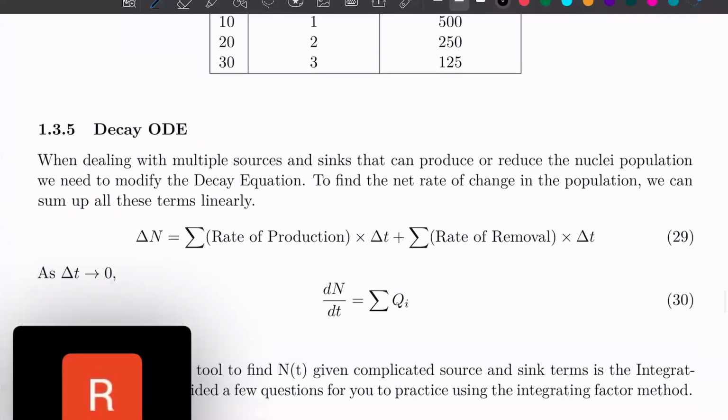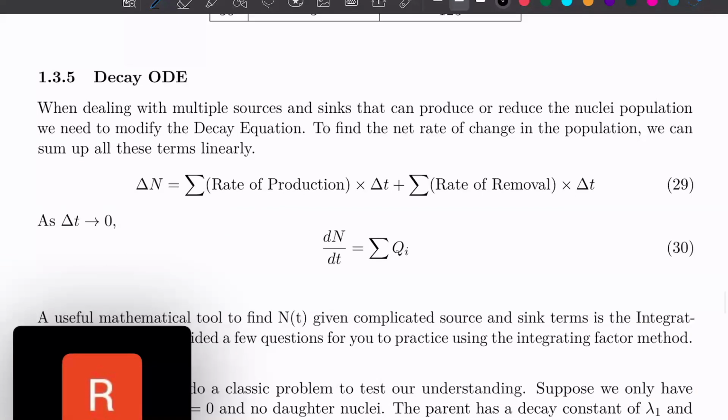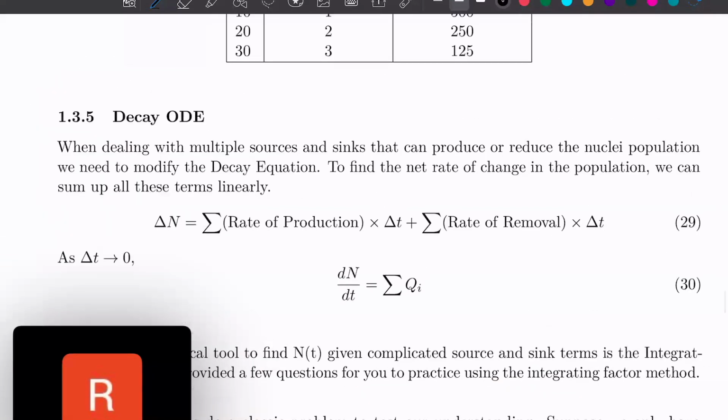The question was basically that there's some nuclide population, but there are multiple ways to generate the nuclides. Then there were also the nuclides decaying and all. So the thing that you have to remember is you'll just think of it as a discrete time step.